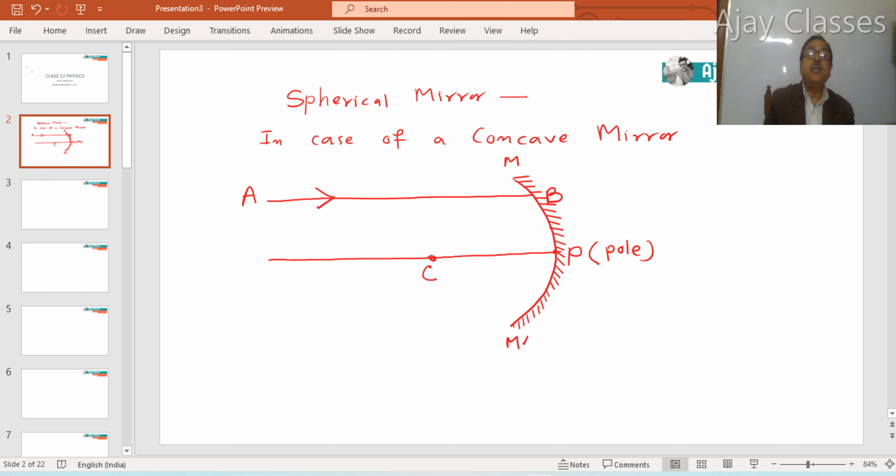When a ray of light is parallel to the principal axis and is incident on any point of the concave mirror, it bounces back and passes through a particular point which must lie on the principal axis, between P and C.